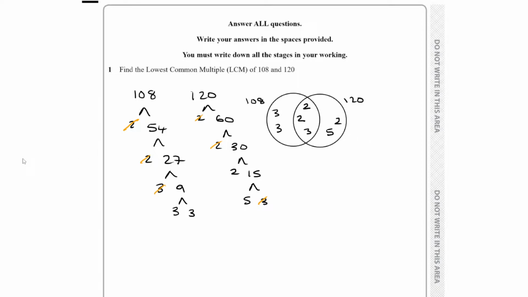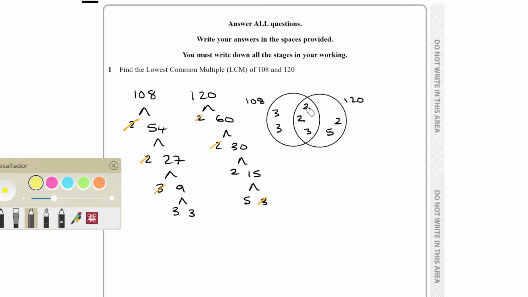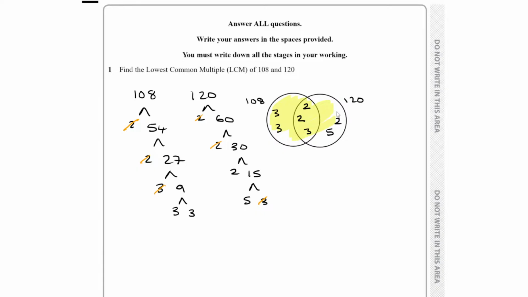Once you've done that, for the lowest common multiple you just have to remember to multiply the whole Venn diagram. So 3 times 3. You can do this in whichever order you find easier. I would probably go 18, times it by 2 again, 36.